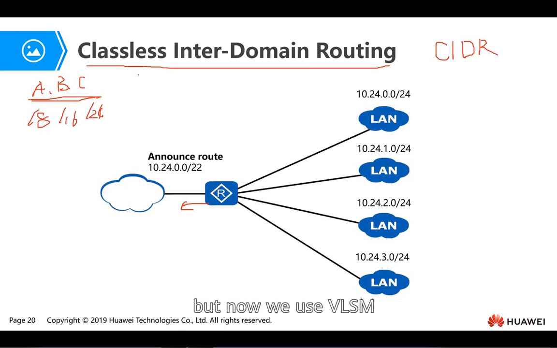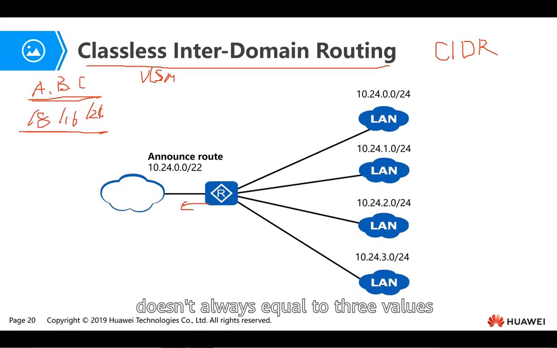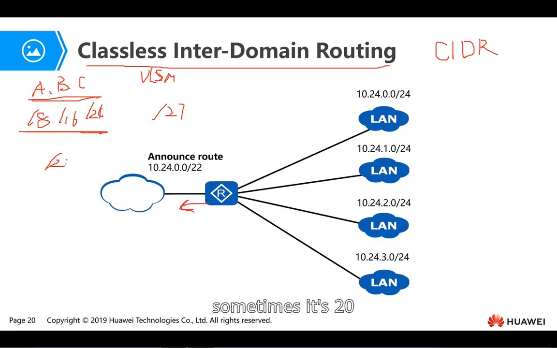But now we use VLSM, so the mask length is not always equal to those 3 values. So the router should send routes of different mask lengths, maybe sometimes 27, sometimes 20.